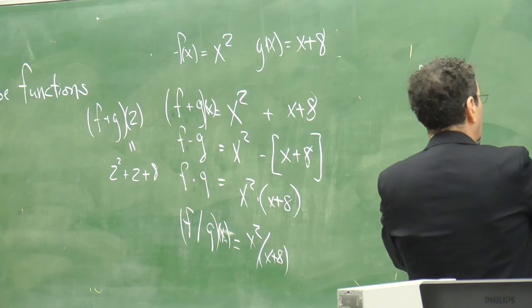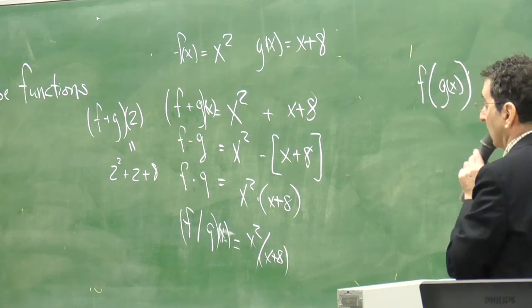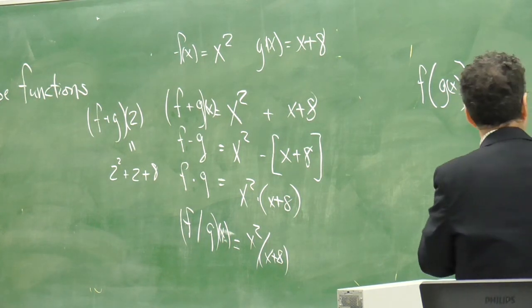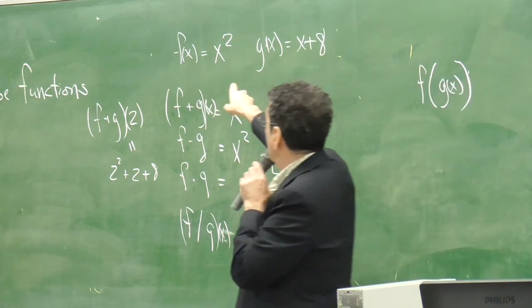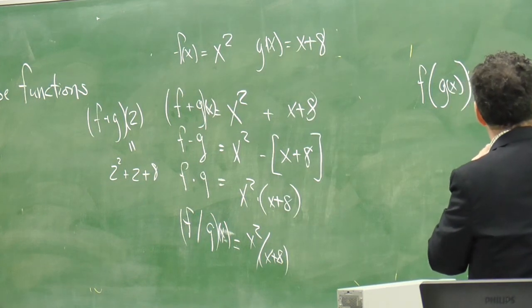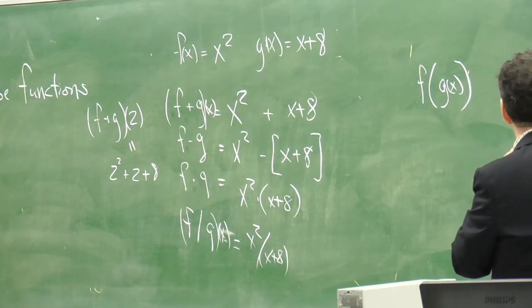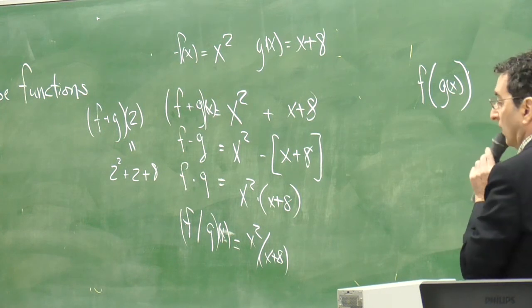If I ask you, what is f of 1? f is x squared, so it's 1 squared. If I ask you, what is f of 2? It's 2 squared. What's f of 3? 3 squared.